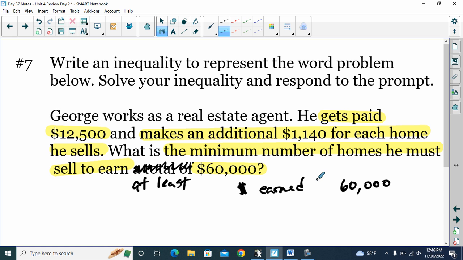He wants his money earned to be bigger. It could be equal to 60,000. Think about what he makes money on. He makes money just by working for this company, $12,500. But then he also makes $1,140 for each home. So I'm going to call the number of homes H.